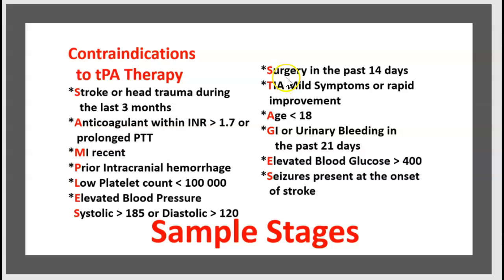Stage: S stands for surgery in the past 14 days. T for TIA, mild symptoms or rapid improvement. A for age lower than 18. G for GI or urinary bleeding in the past 21 days. E for elevated blood glucose over 400 and seizure present at the onset of stroke. Contraindications to TPA: SAMPLE STAGE.